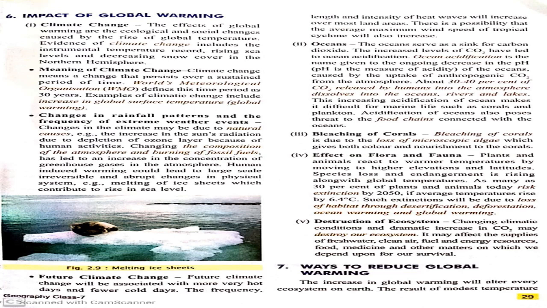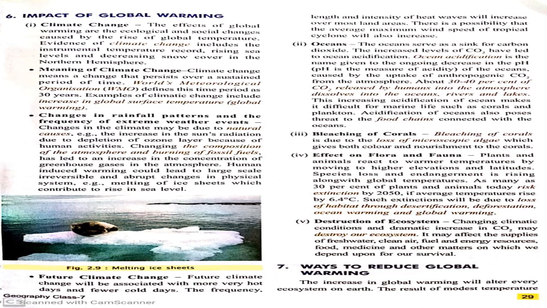Now the next point: the first one was climate change. We generally experience a vast difference of climate, right? We can see that the temperature is increasing day by day. If you see a record of the past several years and the present years, you will see a great difference in the temperature numbers.